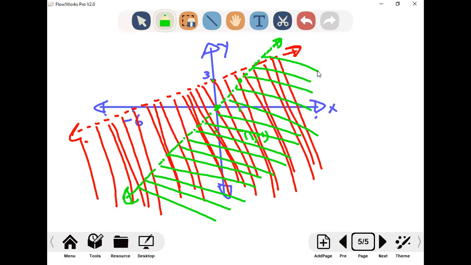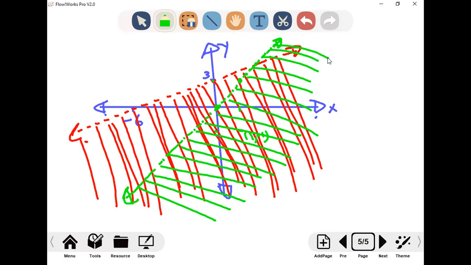Do you understand? Right. Now I have an area common between them. Common means the area which has the two colors, the red and the green.